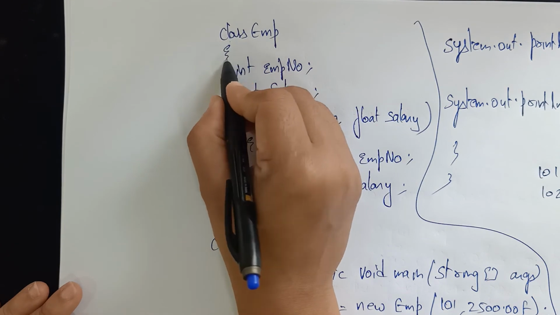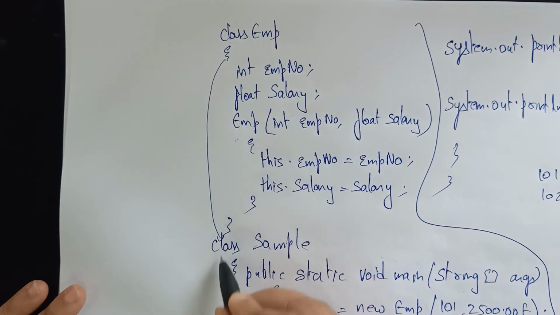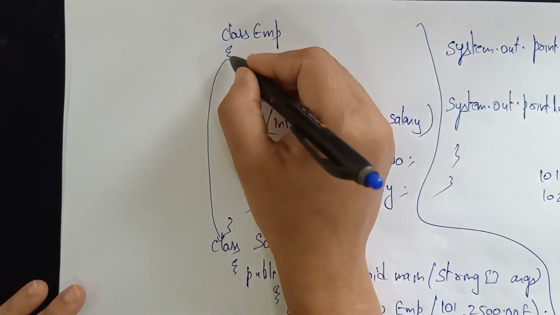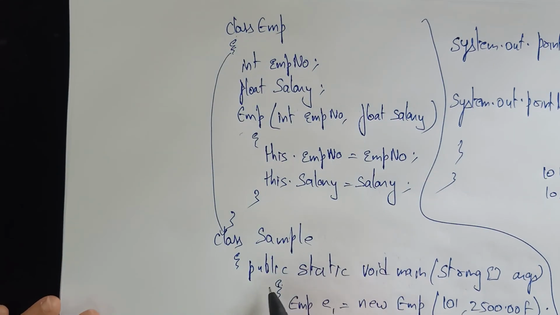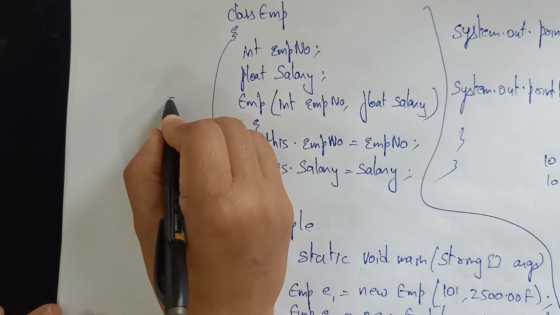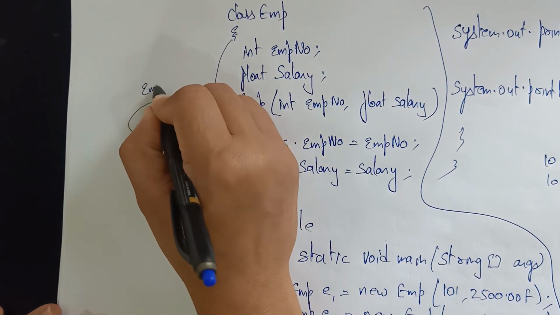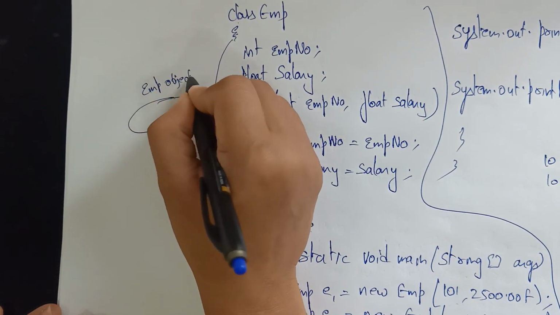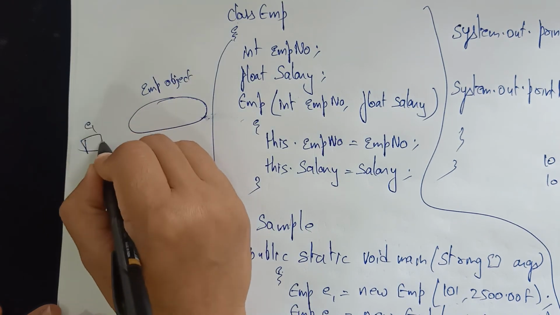The class is created, the open brace is executed, and the compiler comes to the main. Sorry, first the class Sample, open brace, public static void. So first an employee object is created with the E1 reference.